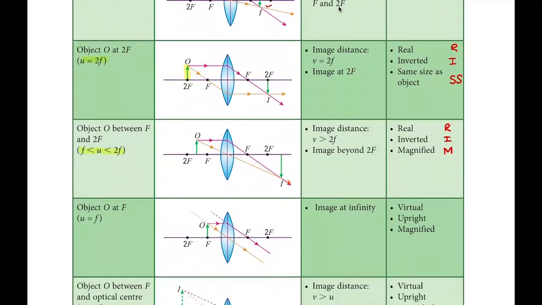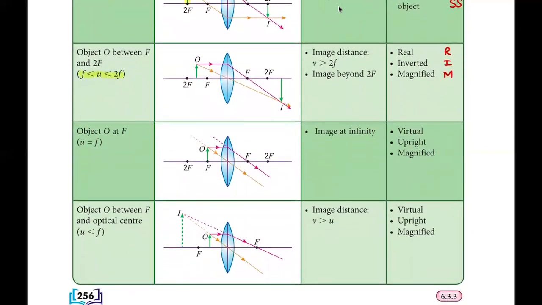Okay, and next one, the object is exactly at the focal point, and we can see that the image is formed at infinity. Image is formed at infinity means that the image is formed at a very far place.